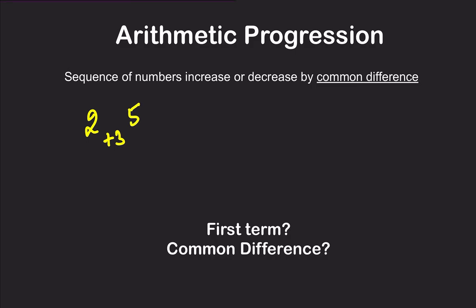Now to get the next number I can only add 3. So what will be the next number I will get? That is 8. Again to the next number I can only add the same number. So then the next number will be 11. Again I can add only 3. The next number will be 14. And such a series of numbers is known as an arithmetic progression.